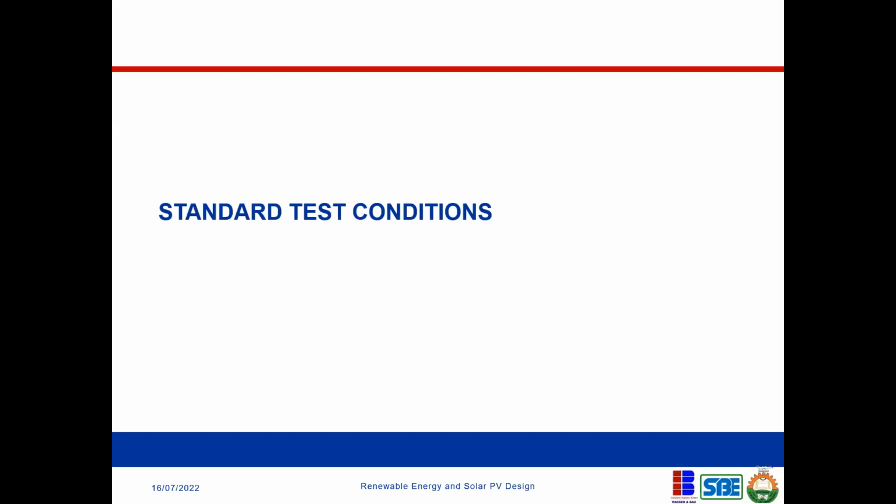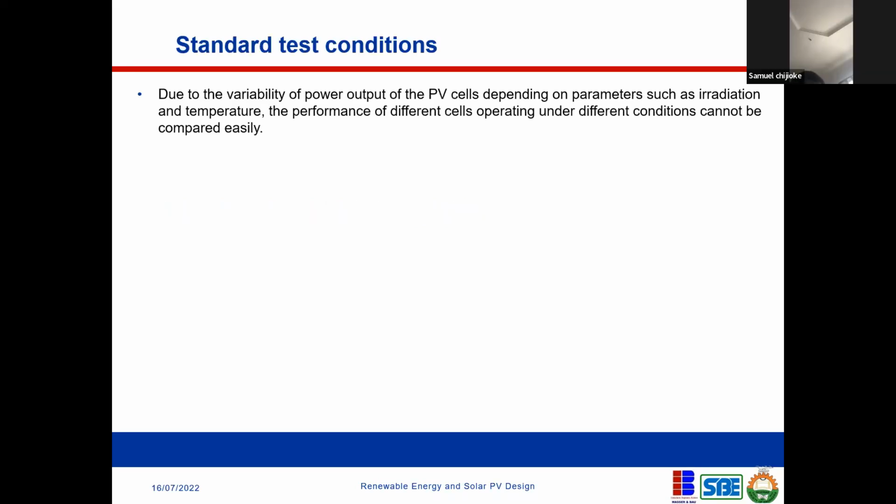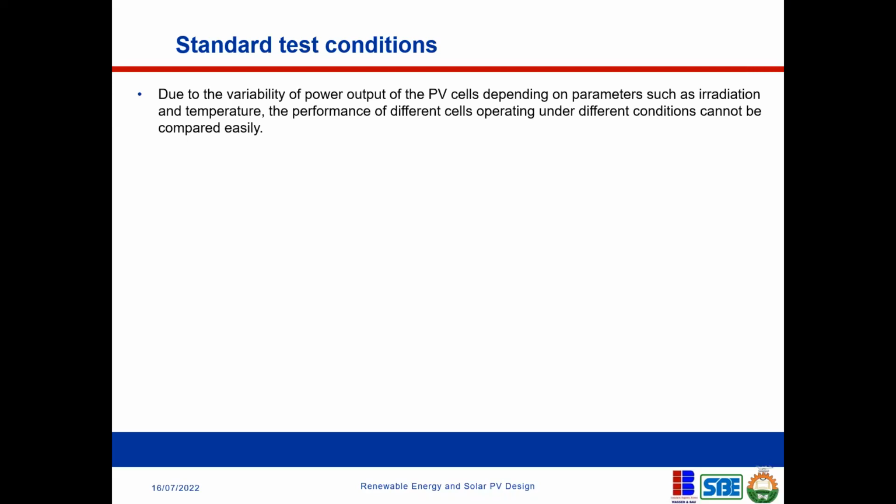So let us look at standard test condition. This is known as STC, standard test condition. Due to the variability of power output of PV cells, depending on parameters such as irradiance, temperature, and resistance, the performance of different cells operating under different conditions cannot be compared easily.